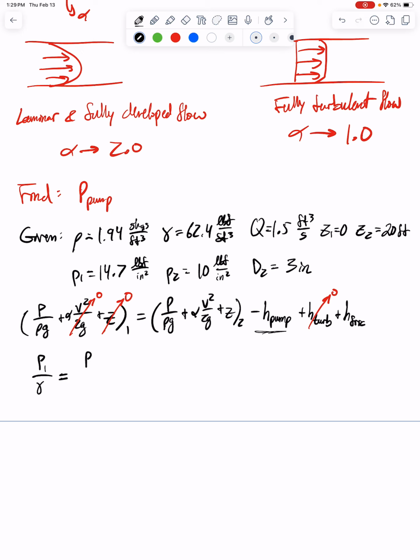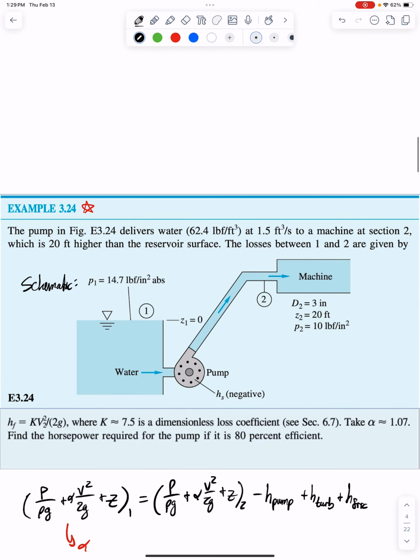It's equal to pressure location 2 divided by gamma plus alpha kinetic energy correction factor times velocity head, V2 squared divided by 2g, plus z2 for the height difference between locations 2 and 1, minus h pump, plus h friction. Oh, sorry. Once again, h friction can be represented as a factor of velocity head, which is k. So k times velocity head. And that's given in the statement here.